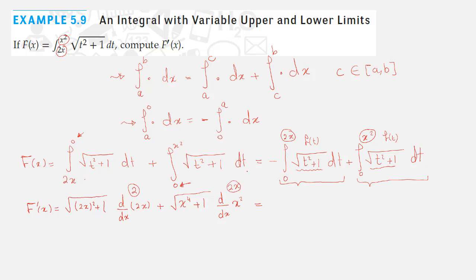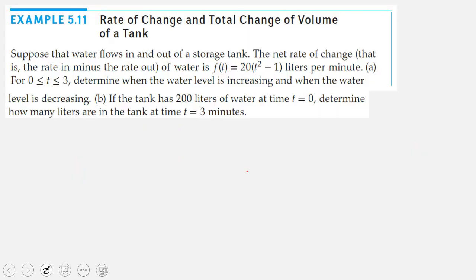I hope you get this one. Next, rate of change and total change of volume of a tank. Suppose the water flows in and out of a storage tank. The net rate of change, that is the rate in minus the rate out of water, is f of t.